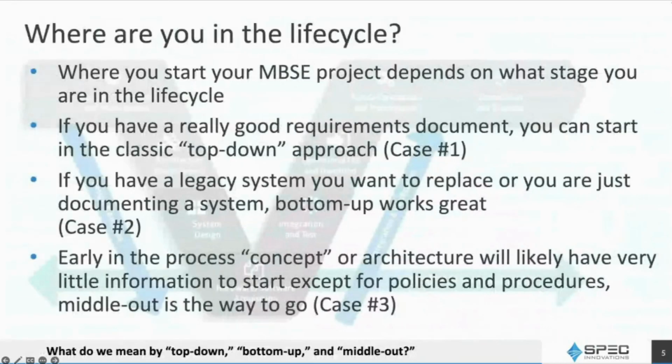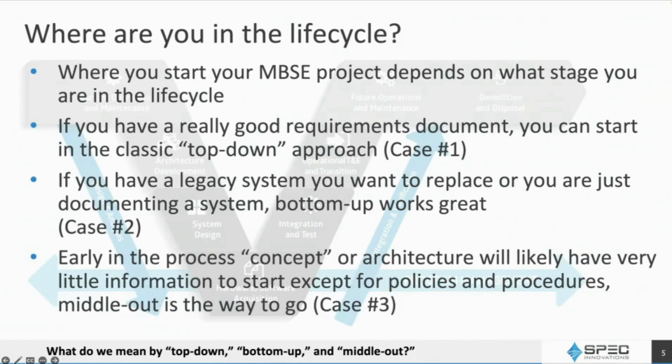So let's start with where you are in the life cycle. That's the thing people ask: how am I going to start? And the usual systems engineer answer is, well, it depends. It does. It depends on what stage of the life cycle you're in. If you have a really good requirements document, somebody has done a really good job of setting that up for you, then the classic top-down approach that you hear about all the time, the classic systems engineering technique, would be what you will use.